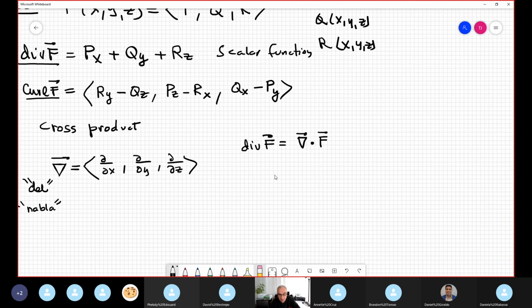Nabla is the vector partial with respect to x, comma, partial with respect to y, comma, partial with respect to z, dot product, and the vector F is P, Q, R, no?